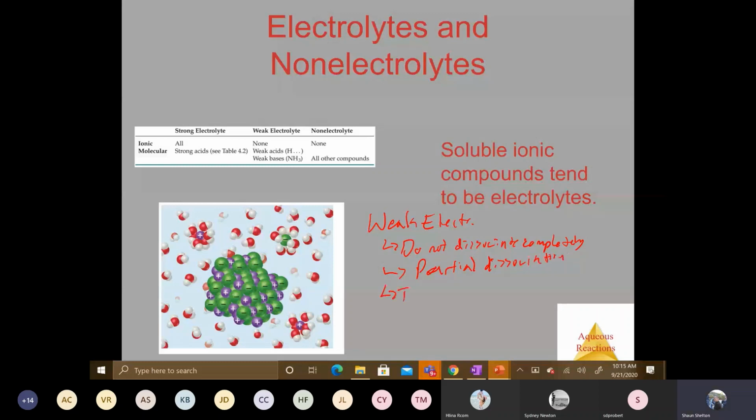Now, the parts that do dissociate will break down into their respective ions.